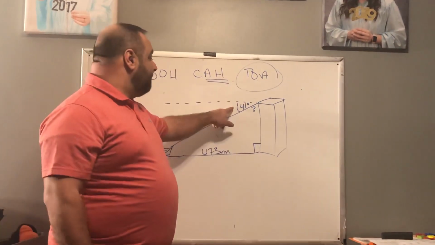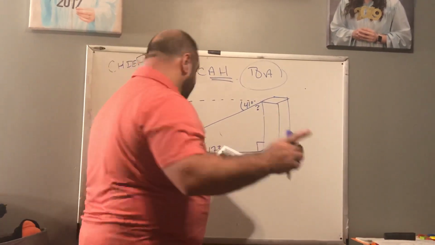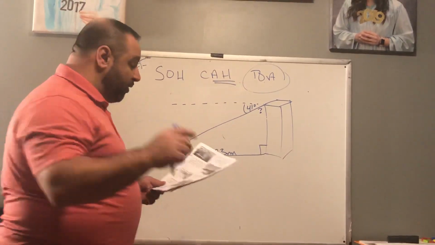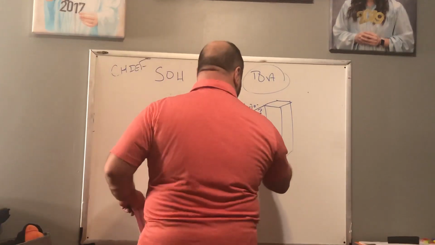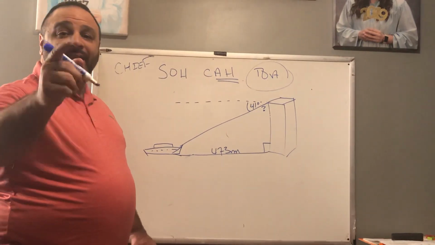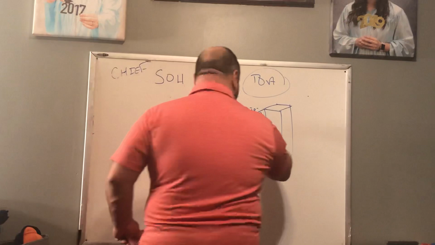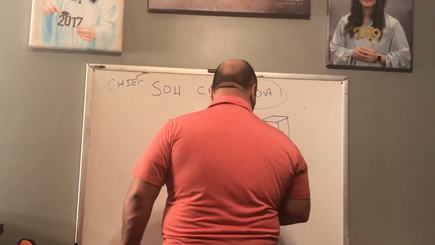So 41, take that away from 90, and you should have, what? You've got to get your calculator out. 90 minus 41 would be 49. Okay, 49 degrees.